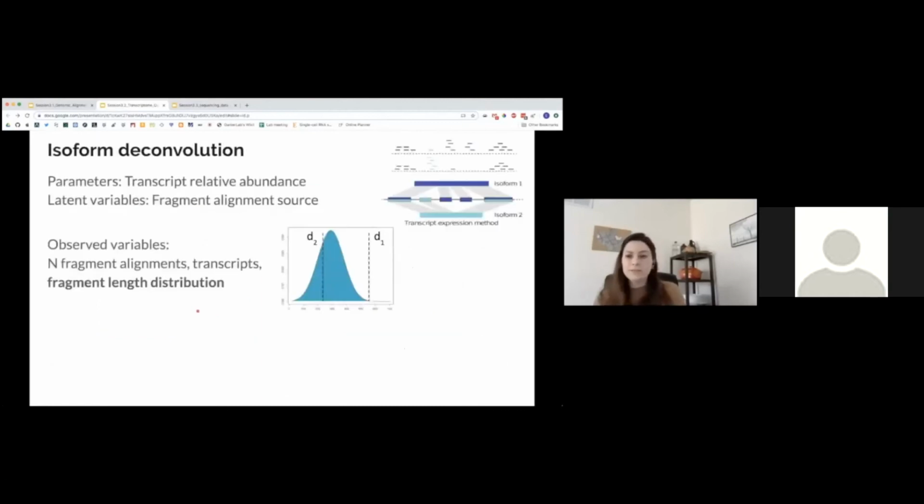All right, so we have this method for isoform deconvolution. The parameter that we want to estimate is the relative abundance of the transcript. And the variable that we don't know is the actual fragment alignment source. But what we do know is the number of alignments, the transcripts that actually exist in the sample, and the fragment length distribution.